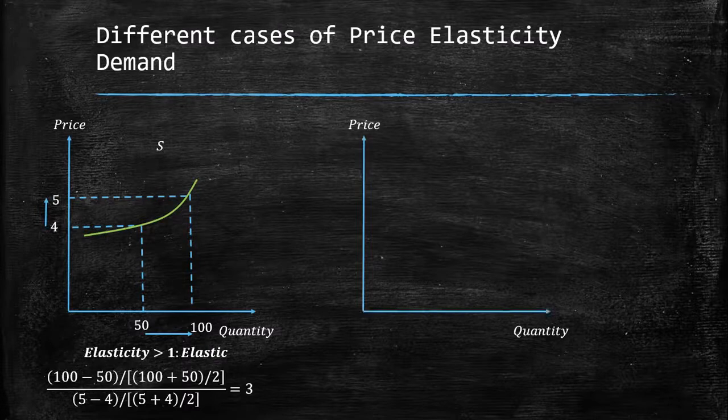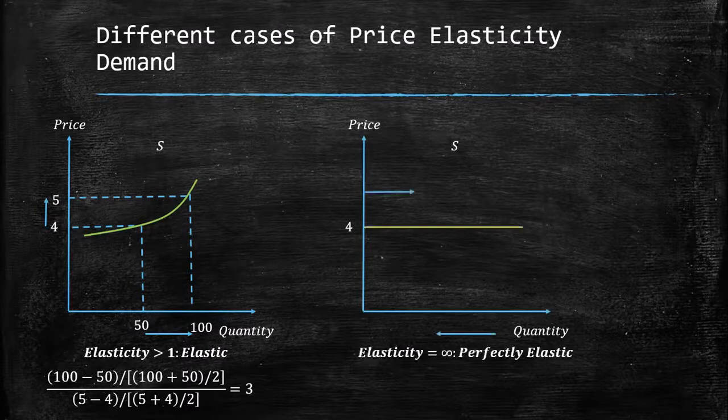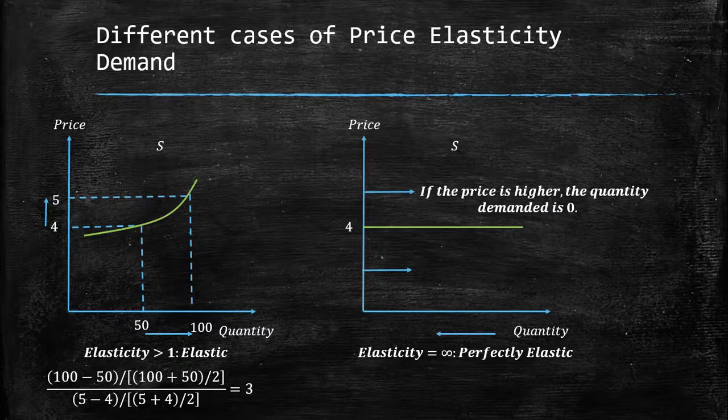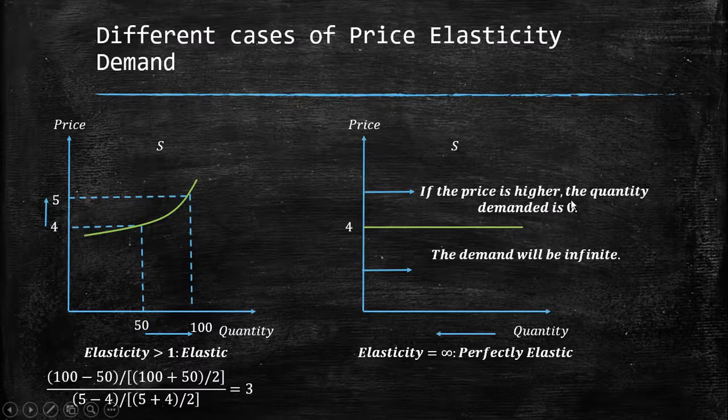And here is the other extreme case. Sorry, this is not quantity demanded equal to 0, because we are talking about supply. In this case, it's going to be the opposite. Over 4, the quantity supplied is infinite.